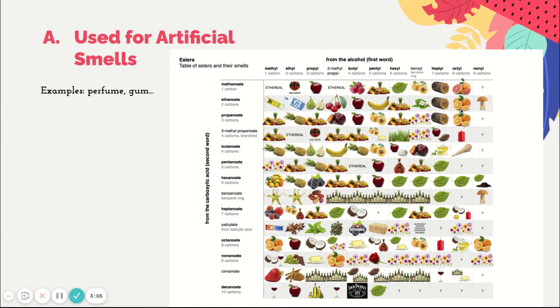You extract it naturally rather than getting the octanol and the ethanoic acid it would take to make that ester.